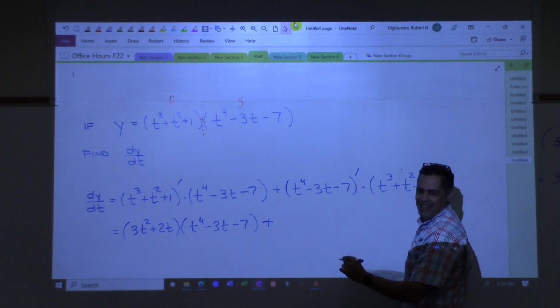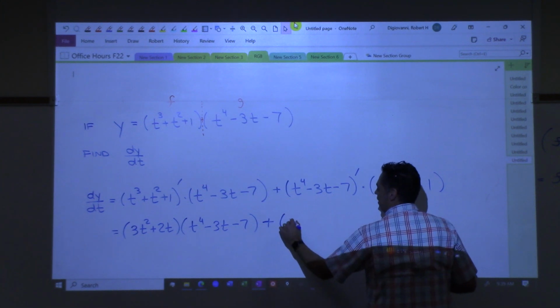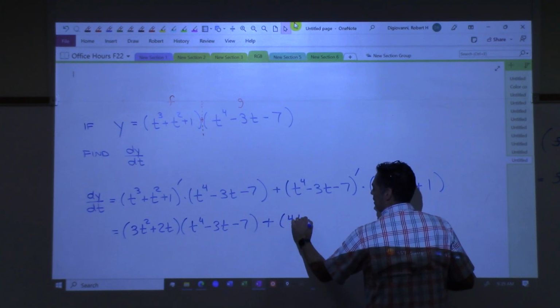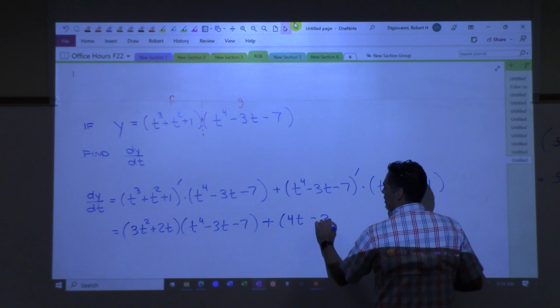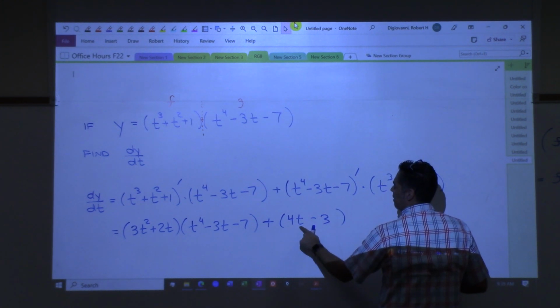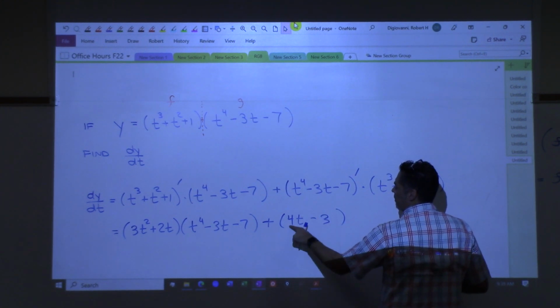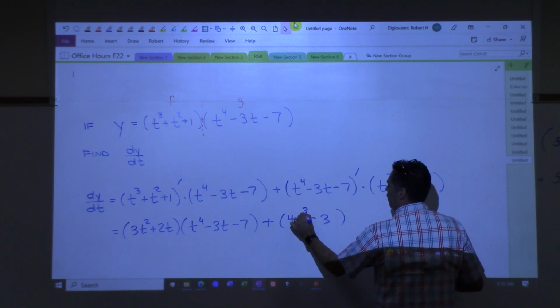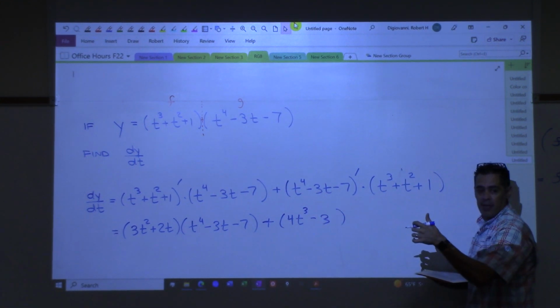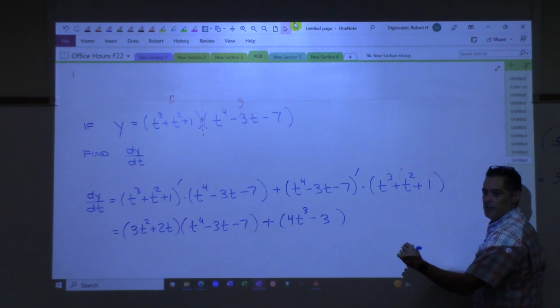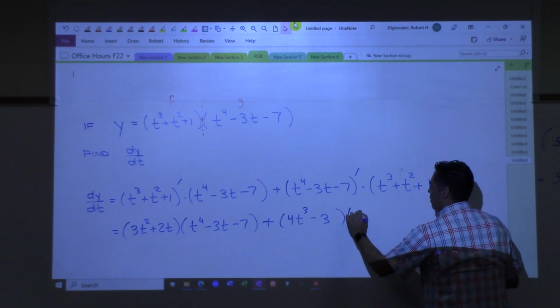You confident in yourself. Yes? 4t cubed minus 3. So tell me what you did to get the 4. Okay, 4t cubed minus 3. Perfect, yes? Everyone got that? And then just rewrite the next one.